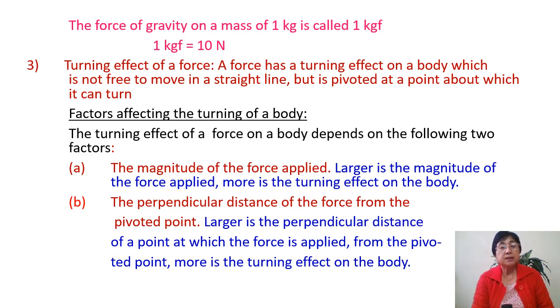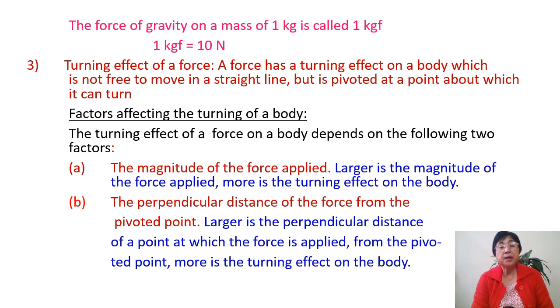The next factor is the perpendicular distance of the force from the pivoted point. Whenever we apply a force on a body which is pivoted at a point, we have to apply it at some distance. Okay, and here is the effect.